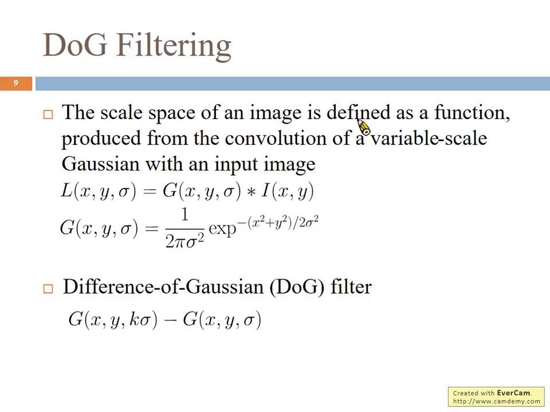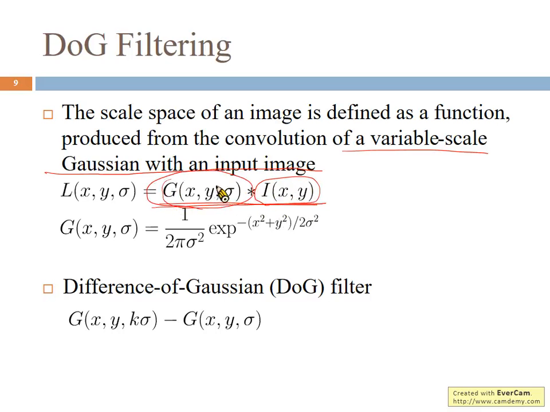The scale space of an image is defined as a function produced from the convolution of a variable scale Gaussian with an input image. So this is the convolution. Given the image, we convolve this image with the Gaussian kernel.